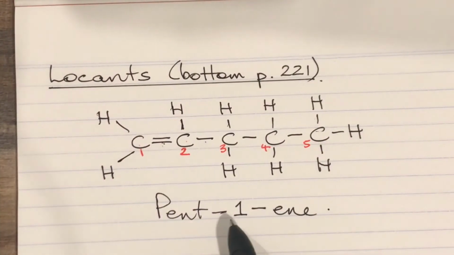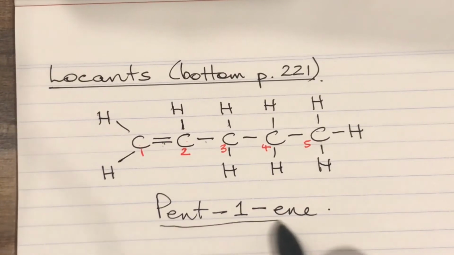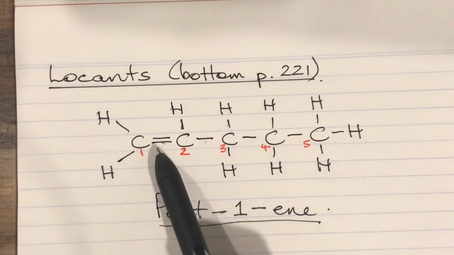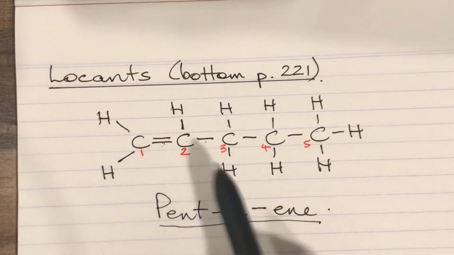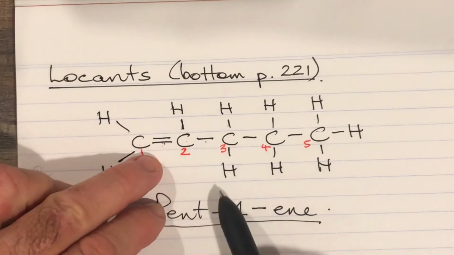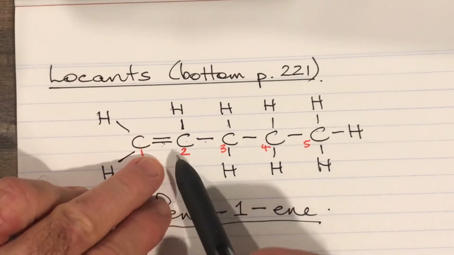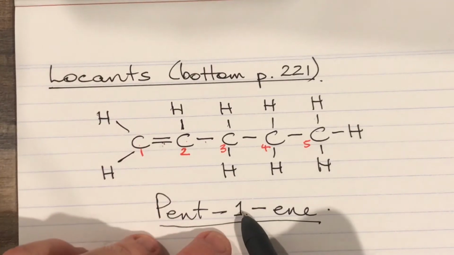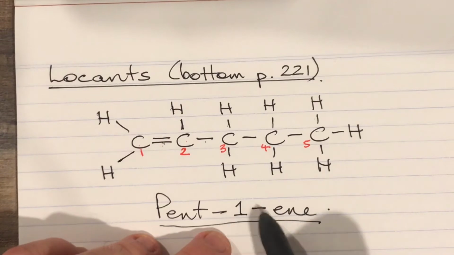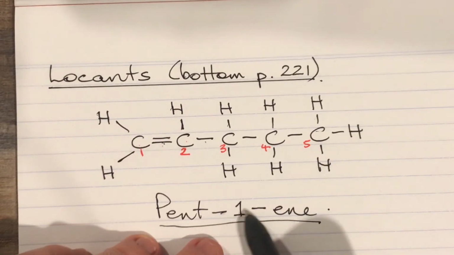So in the name pent-1-ene, the number indicates the location of the double bond. If it's a triple bond, it would be pent-1-yne, of course. On either side of the number, we have a hyphen.